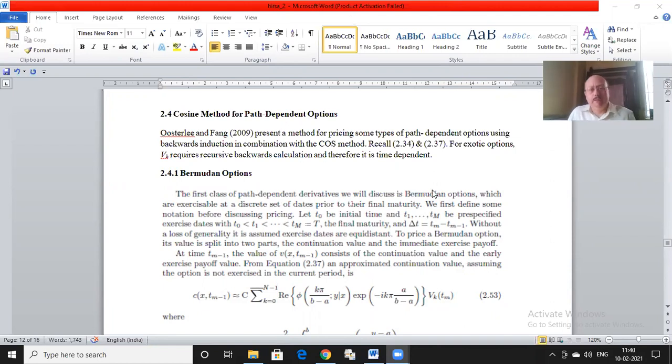Even though the transformation methods are primarily meant for path independent options, the cosine method can be extended cleverly to take care of some of the particular path dependent options. And this application is actually due to Oosterlee and Fang. This is a paper in 2009. And in this paper, they presented a method for pricing some types of path dependent options using backward induction. So they are using backward induction in combination with the cosine method.